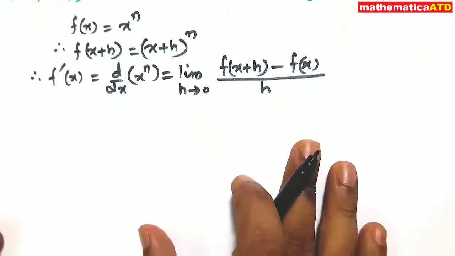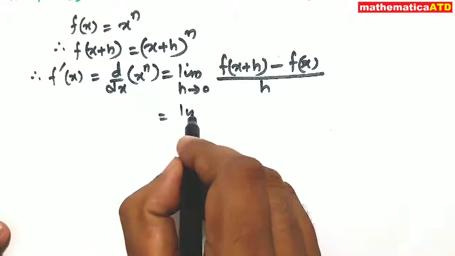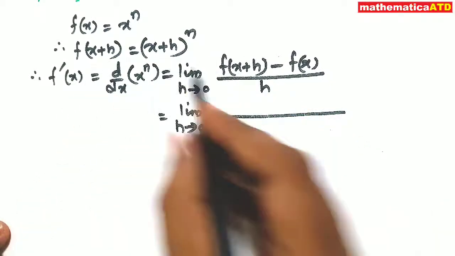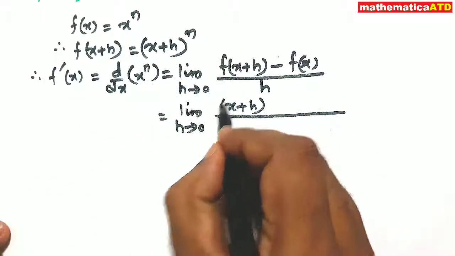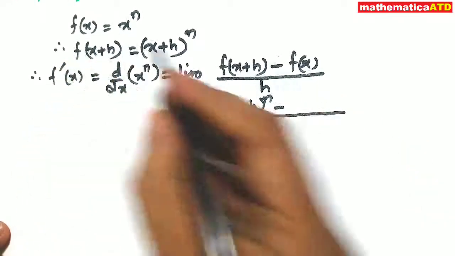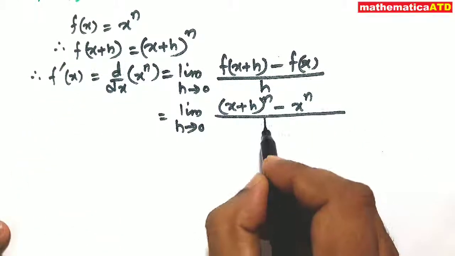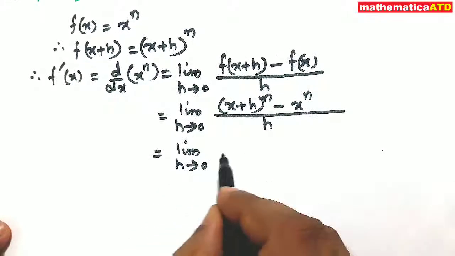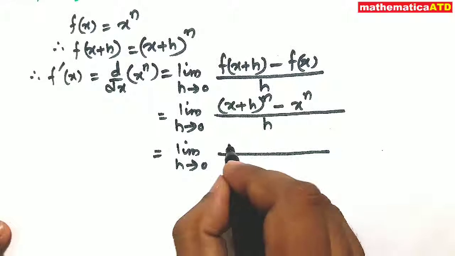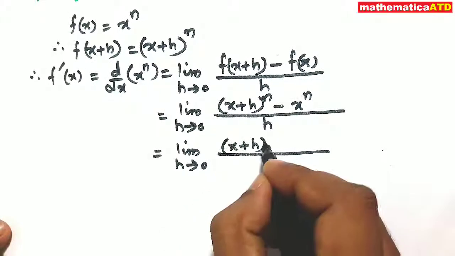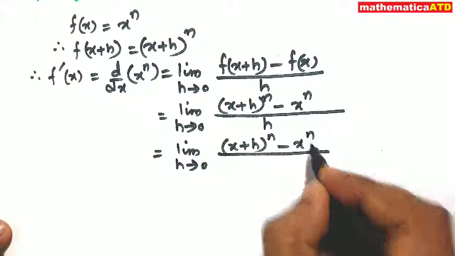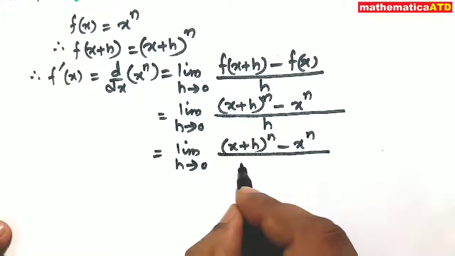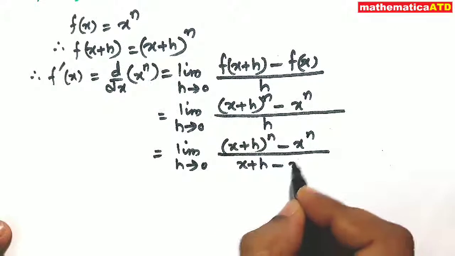That is, we substitute f(x+h) means (x+h) whole power n minus f(x), that means x to the power n, upon h. Limit h tends to 0, we write again the numerator as usual, (x+h) whole power n minus x to the power n, divided by h. We can write this h in this way also, (x+h) minus x.